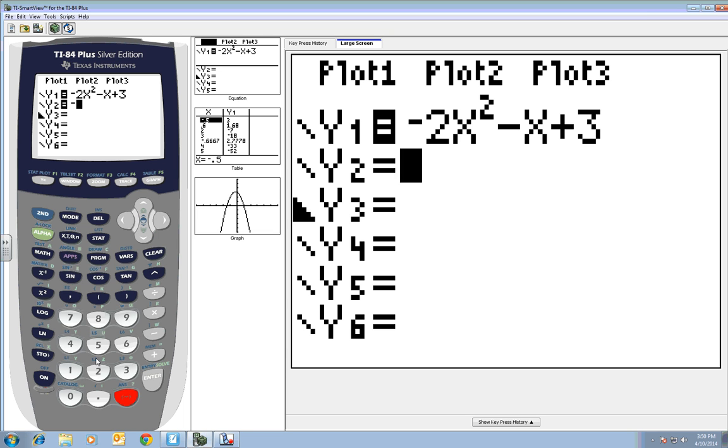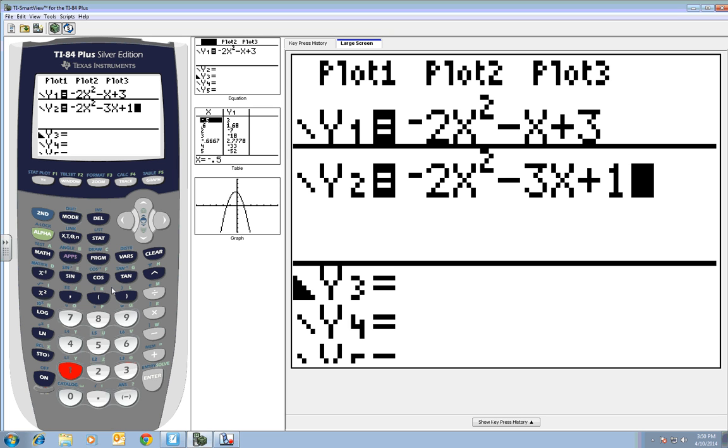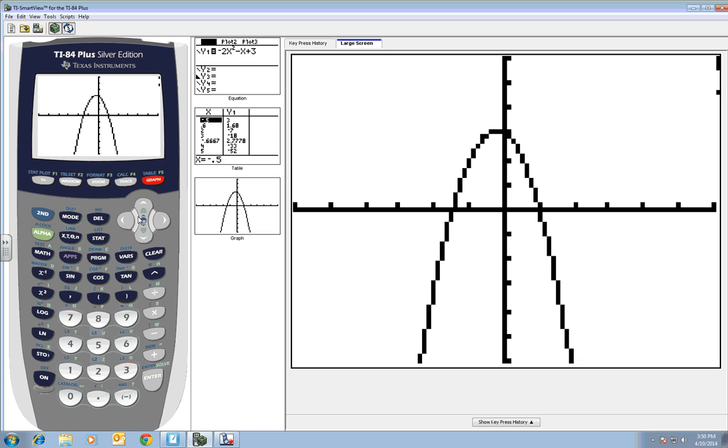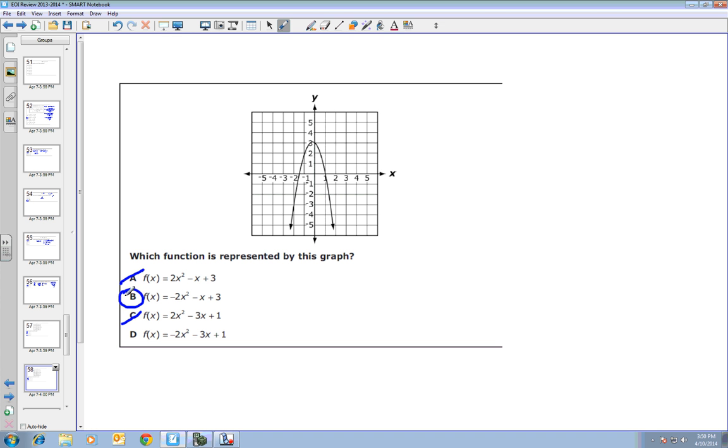So D is negative 2x squared minus 3x plus 1. Here's graph D. So graph D does not cross where it's supposed to. So I know now for sure that my answer is B.